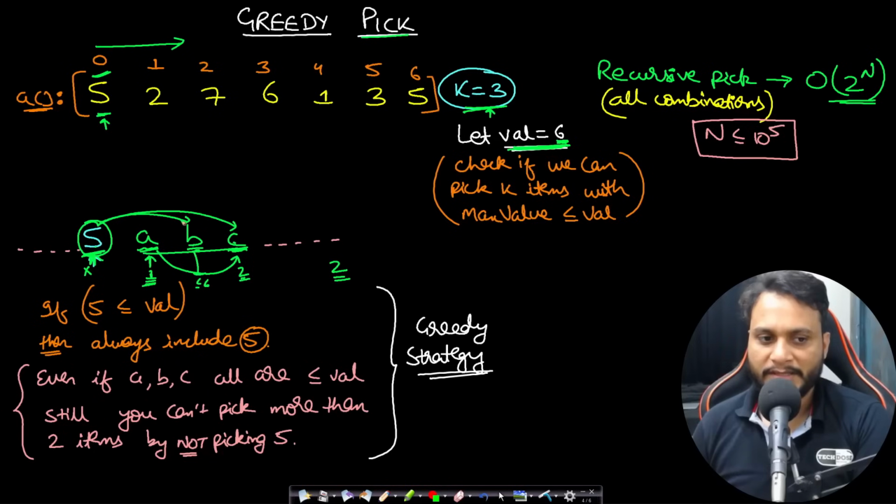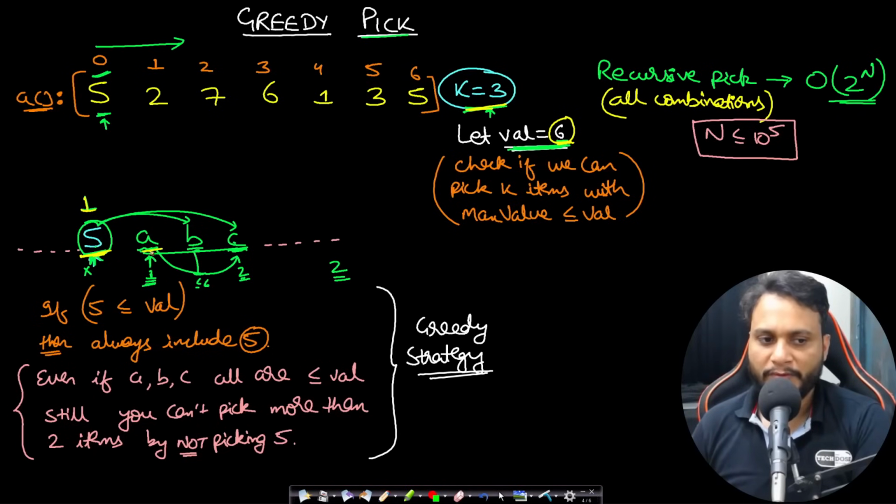So according to this, it is always optimal that whenever you see an item having a value less than or equal to whatever capability you are trying to look at, like I want to select k houses where the maximum of the picks is less than or equal to the value, I will always select 5. It will always be optimal. You just try it out.